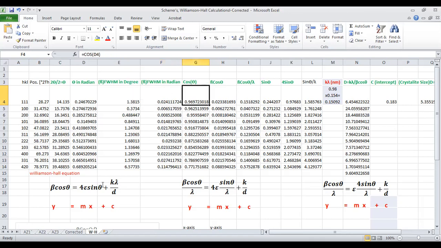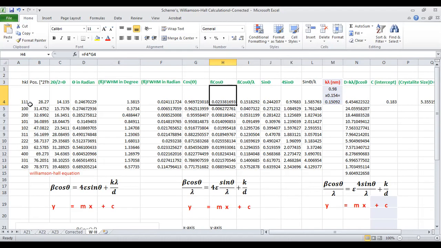Now step by step, because our focus is beta cos theta over lambda, you first calculate the cos theta. Again, you may use this function with theta in radians to take the cos theta, and now you just multiply the cos theta with the beta. The value will give you this.